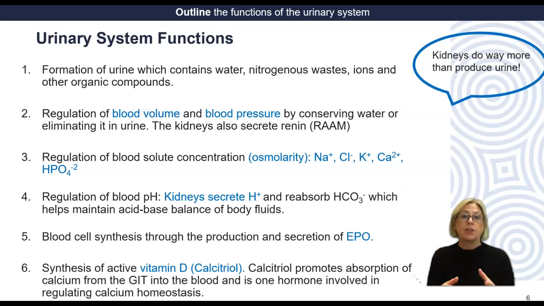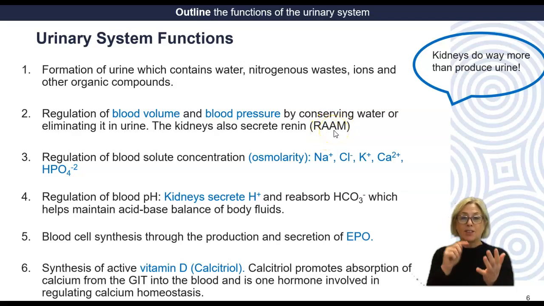Vice versa, when you're in a situation where you take on heaps and heaps of water, your kidneys then have the ability to excrete high volumes of dilute urine. Now, the kidneys also secrete renin, and I know you know about renin because it forms part of the renin-angiotensin-aldosterone mechanism.